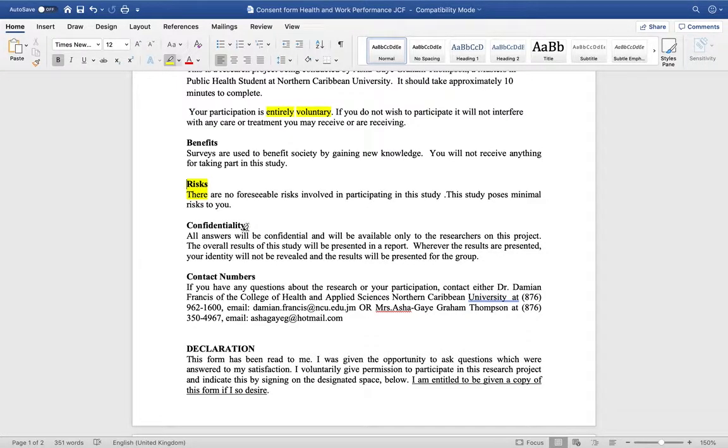Then the other component is confidentiality. Note the investigators are giving the assurance to the participants that their data will be kept confidential and only the investigators will be privy to this information.